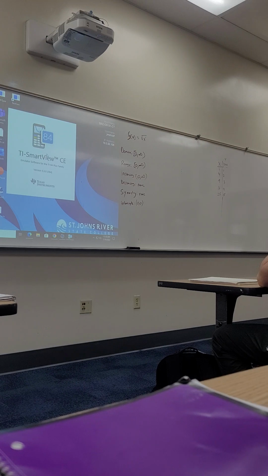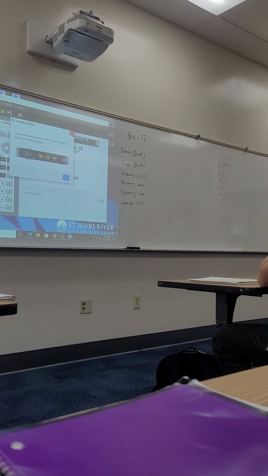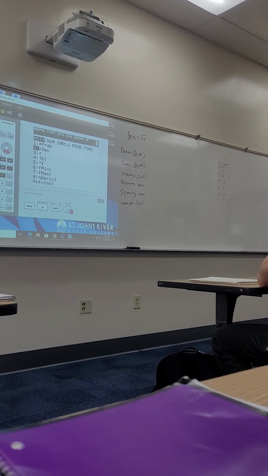Gosh, you know how long it takes to load? Okay. Now, this particular one has a cube root here, which you could also just raise to the 1/3, but since it has an X there, I'll put it in. And hit Zoom 6, by the way.